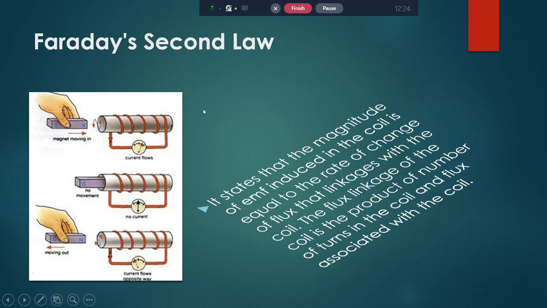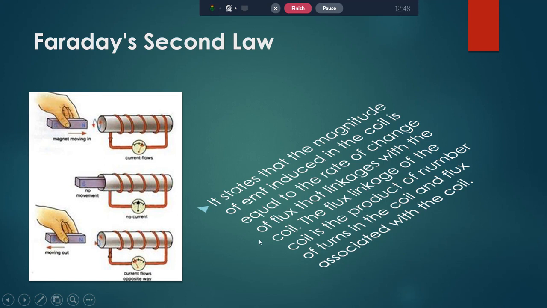It states that the magnitude of EMF induced in the coil is equal to the rate of change of flux linkage with the coil. The flux linkage with the coil is the product of the number of turns in the coil and the flux associated with the coil. You have two definitions in here.